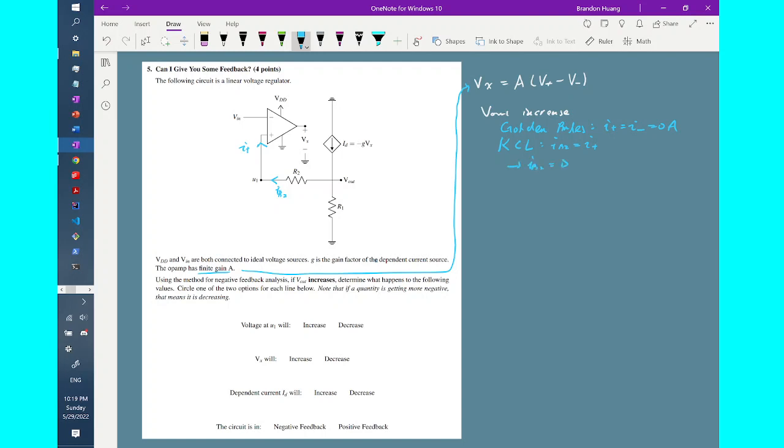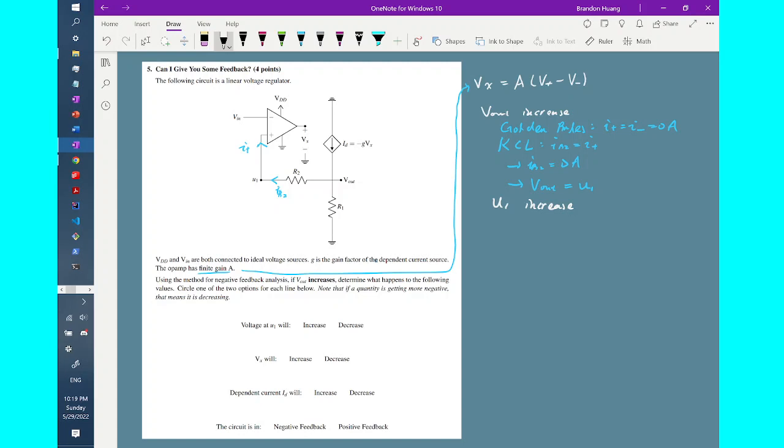If IR2 is equal to 0, there's no current flowing across the resistor, which means Vout and U1 are actually equal, because there's no voltage drop between them. So if Vout increases, then U1 will increase because they're the same value.